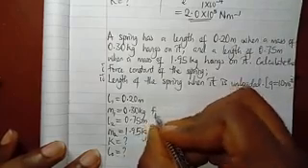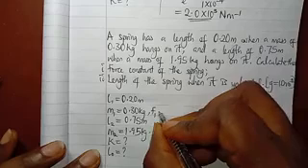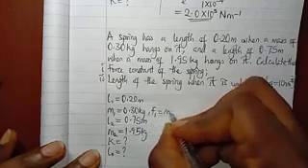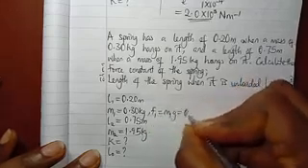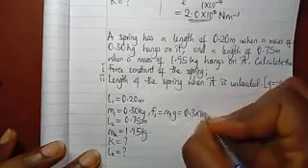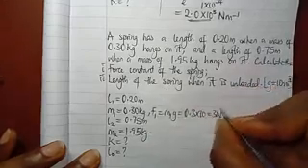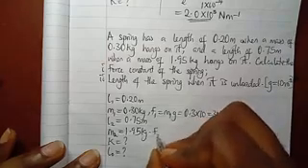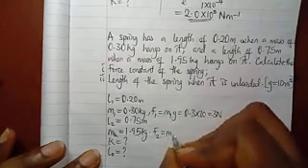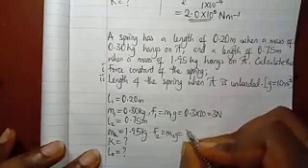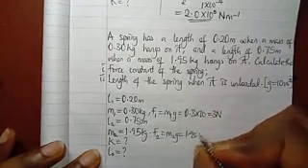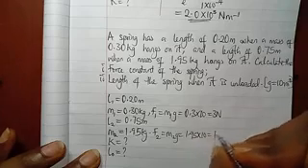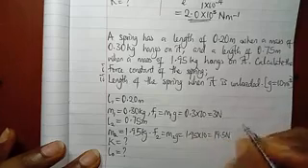We have that F1 is equal to M1G, which is 0.3 times 10, giving us 3 Newton. We have that F2 is equal to M2G, which is 1.95 times 10, giving us 19.5 Newton.